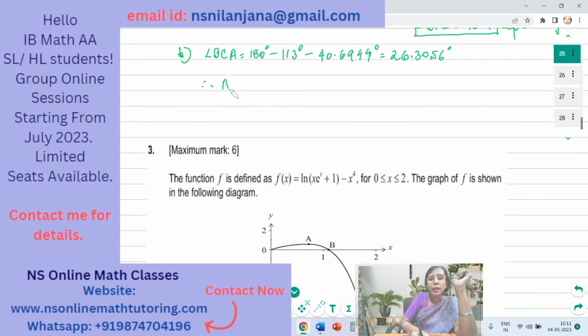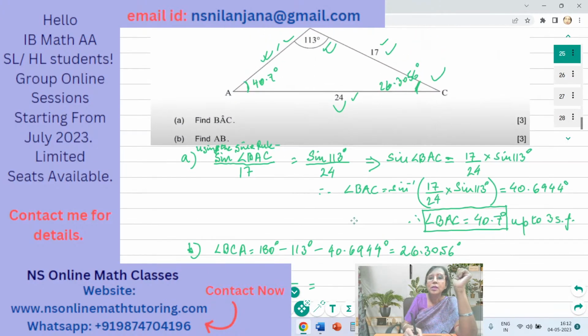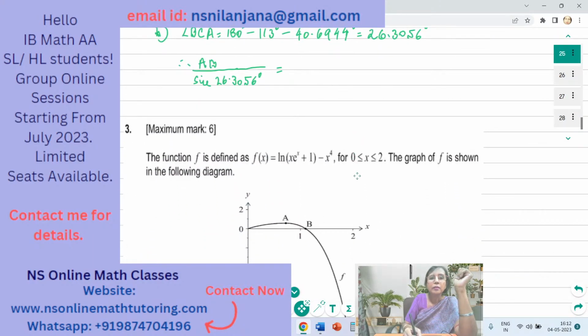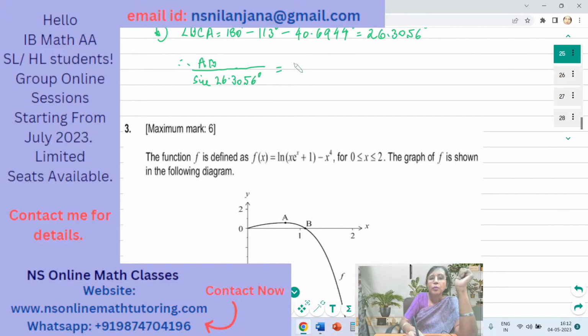Therefore, AB over sine 26.3056 is equal to 24 over sine 113 degrees.